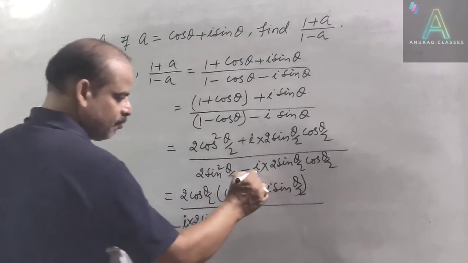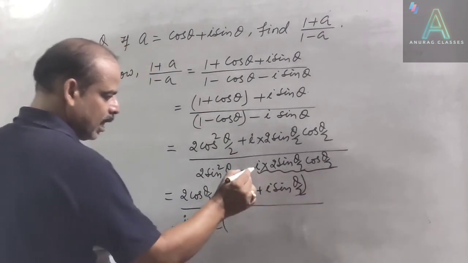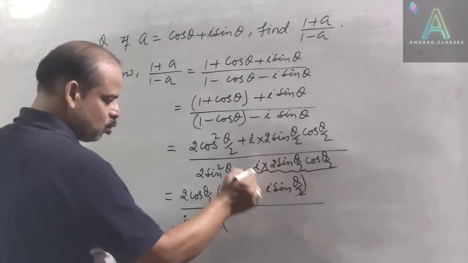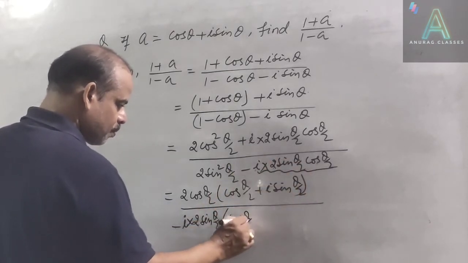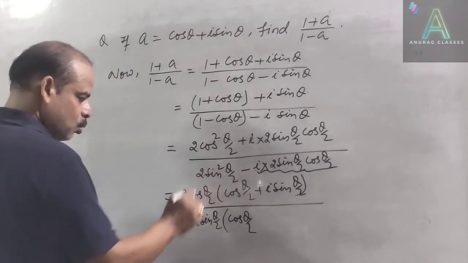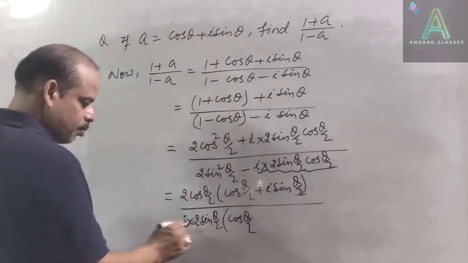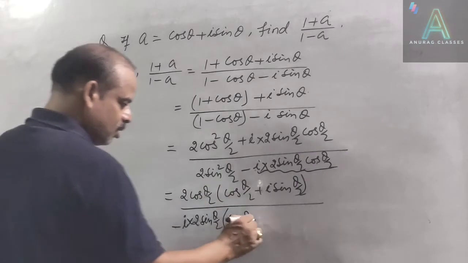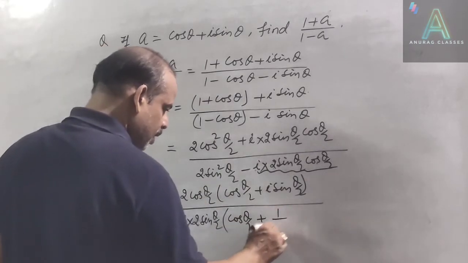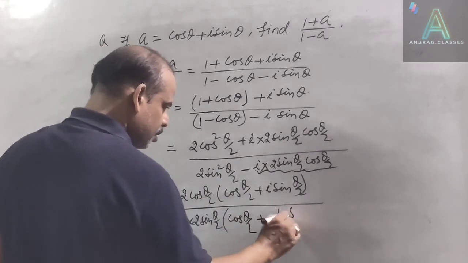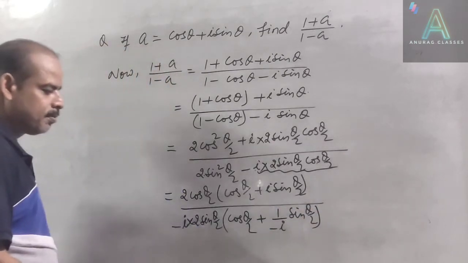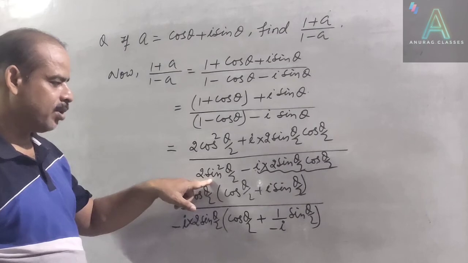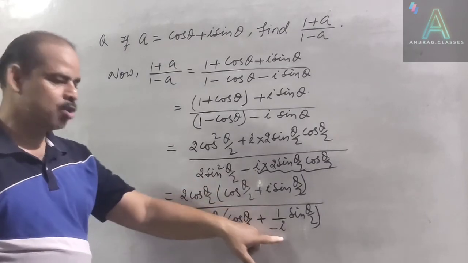So see, first this term, minus iota into 2 sin theta by 2 is common, so we are left with cos theta by 2. And here 2 is common, sin theta by 2 is common, but minus iota is not there. So it will be 1 by minus iota sin theta by 2. Clear? Here iota is not there, so iota should be in divide.